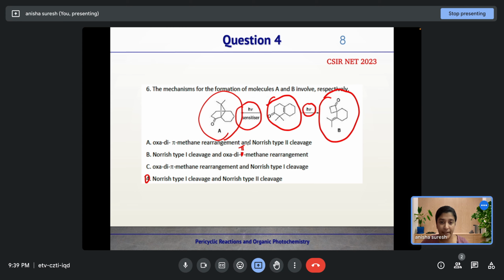So it is A and B respectively. We will see what mechanism it is going through.